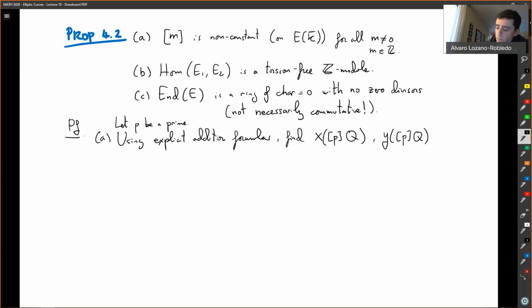And thus, I can find points of order p. So I can find points such that when I multiply by p, I get O, the point at infinity.